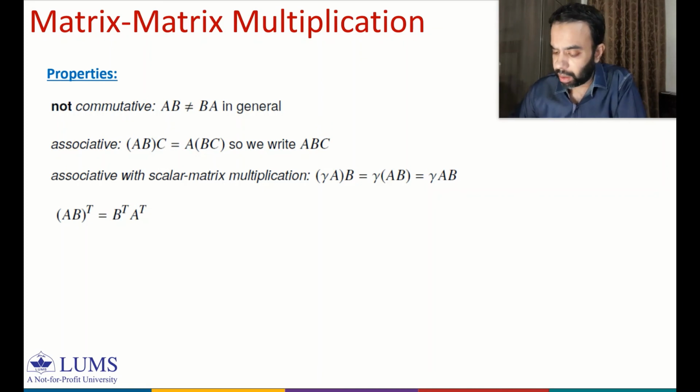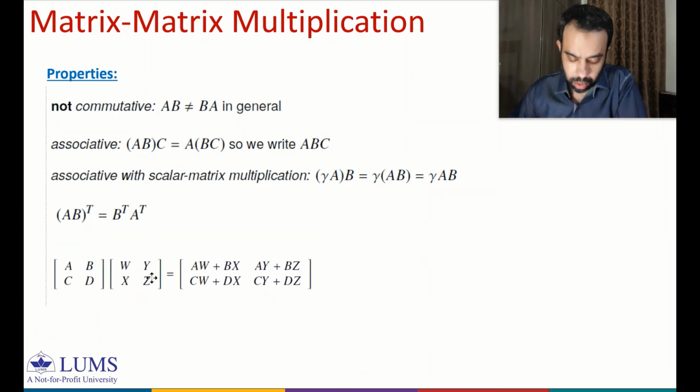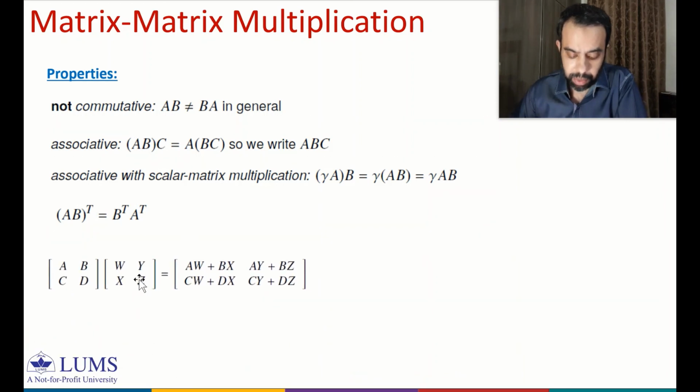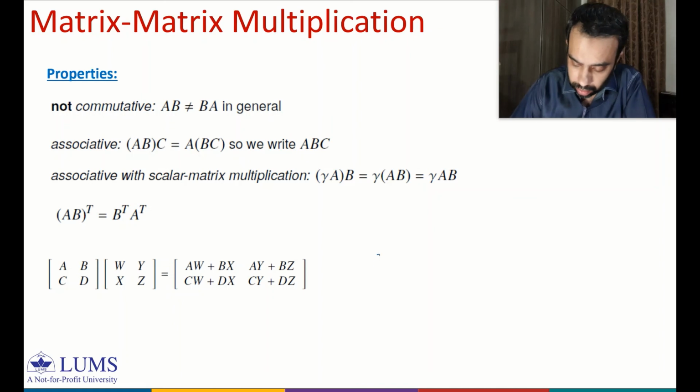We also note the multiplication of block matrices. The block matrices are multiplied in the standard way, the way we define multiplication of matrices. So we require dimension compatibility only.